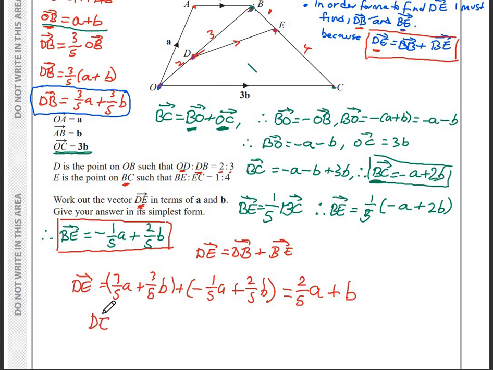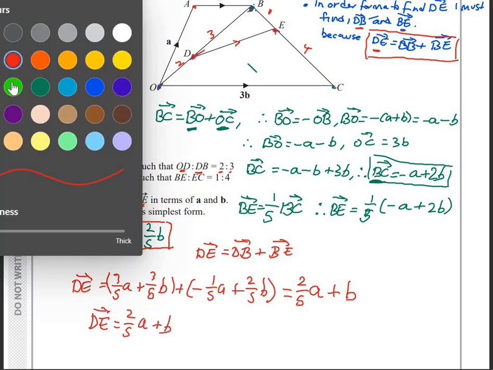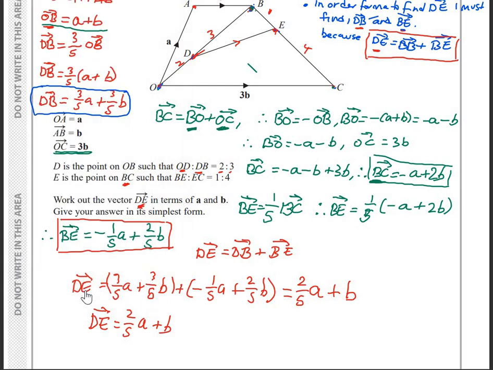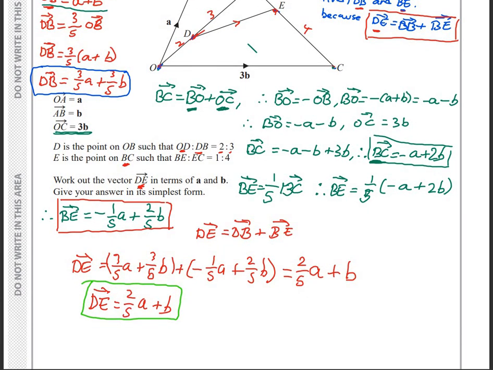DE equals 2/5 A plus B. And notice we've expressed it in terms of A and B. Okay? So that's our answer.